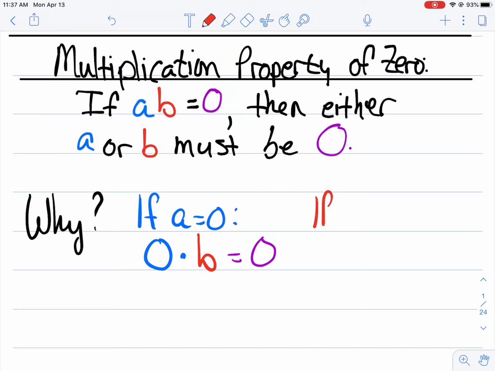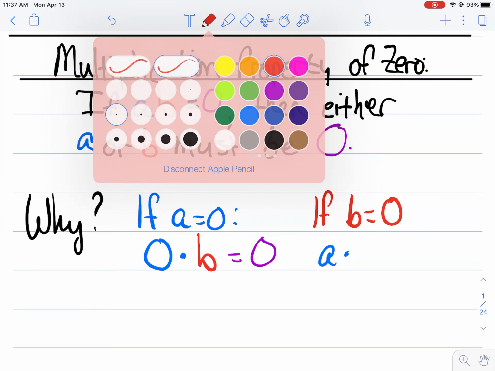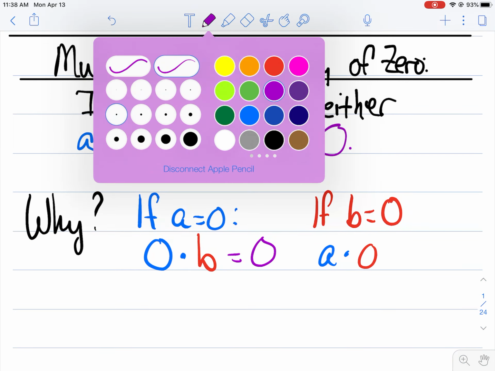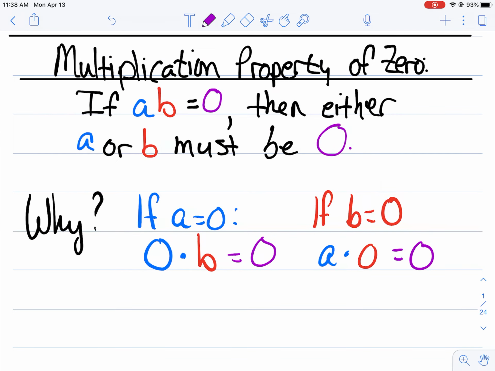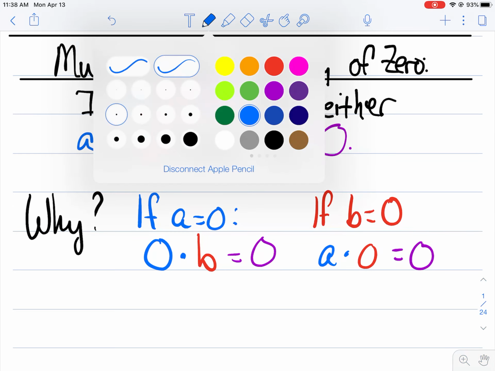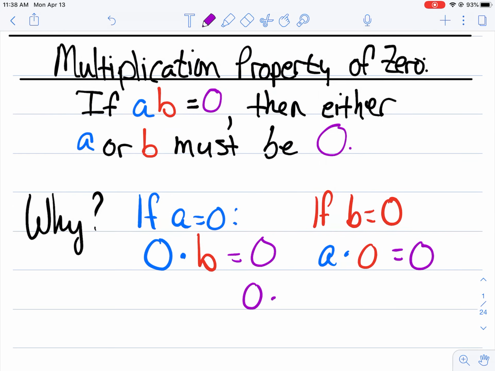Likewise, if B equals 0, then we would have A times 0, and that would also equal 0. And of course, if they both equal 0, we would have 0 for A and 0 for B, and that equals 0.